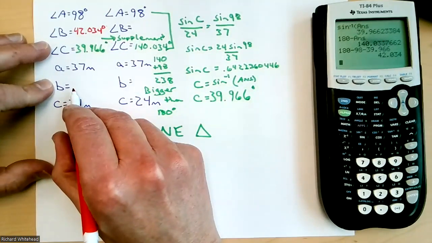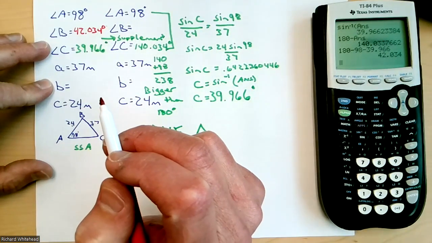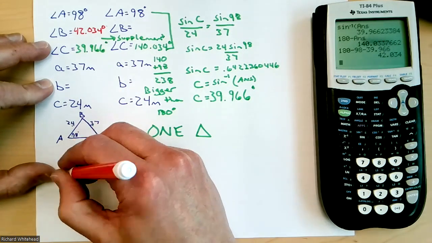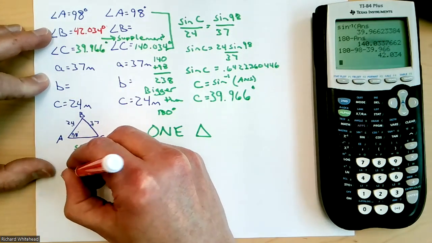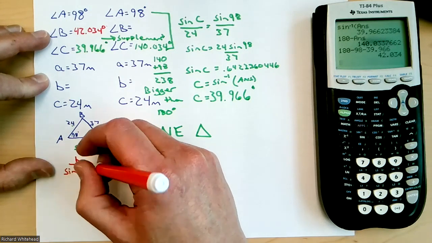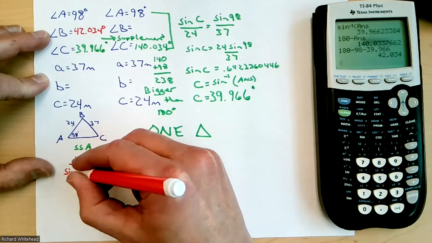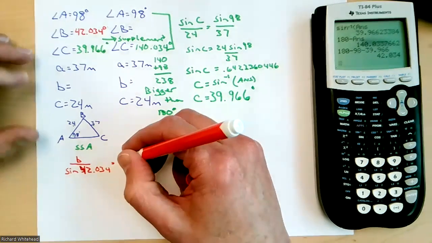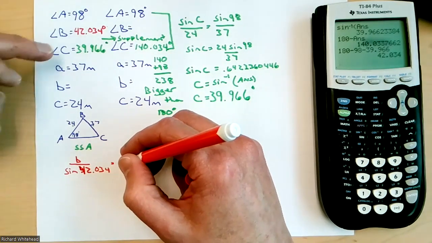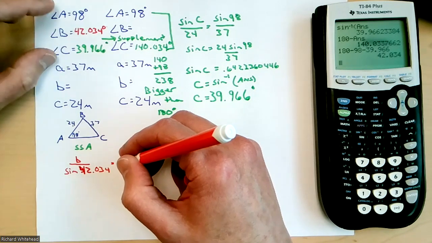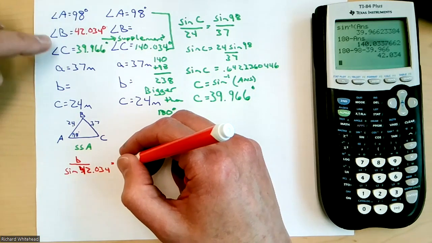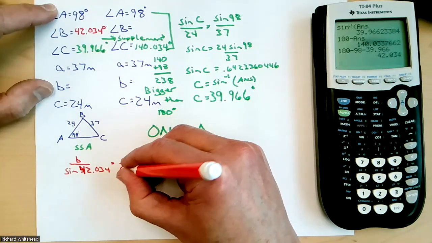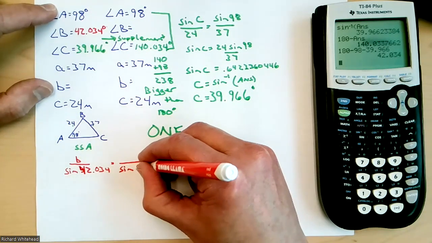And then to find side B, what are we going to do? Well, we can use law of sines. Side B over the sine of angle B, 42.034. Which one should we use, angle C or angle A? I would say we should use angle A because it's unrounded.